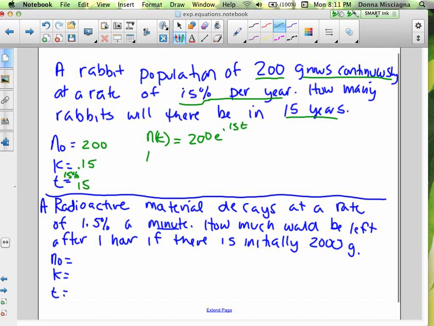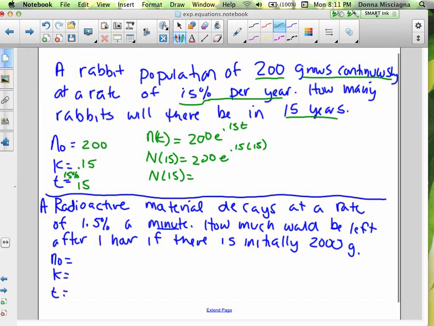And we specifically want to know for 15 years. So 200 times e to the 0.15 times 15 means we have how many bunnies? So we have, let's see, 200. Oops, let me do the e first. All right.